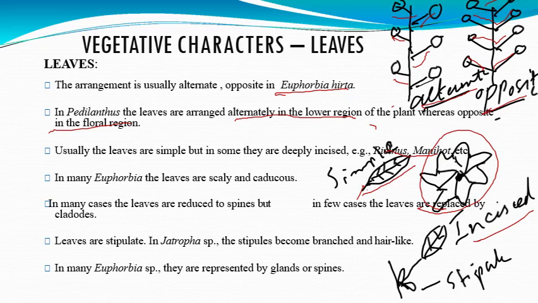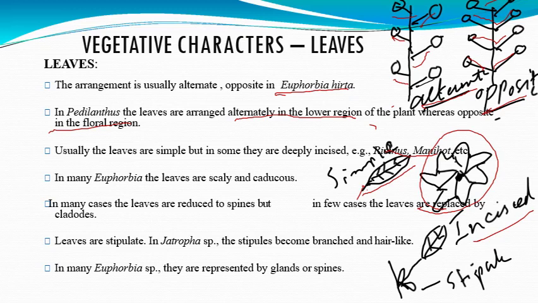Or they tend to fall early. So such a type of leaf that falls early in its earlier stages, we call caducous.